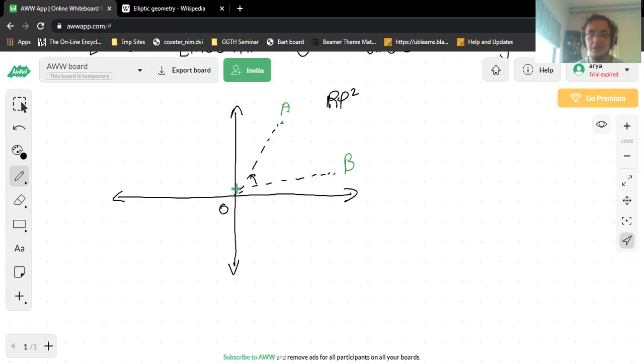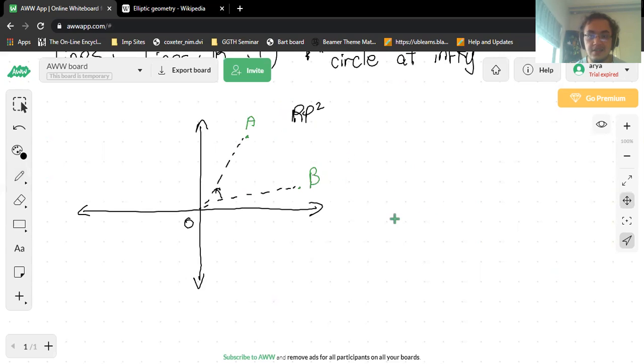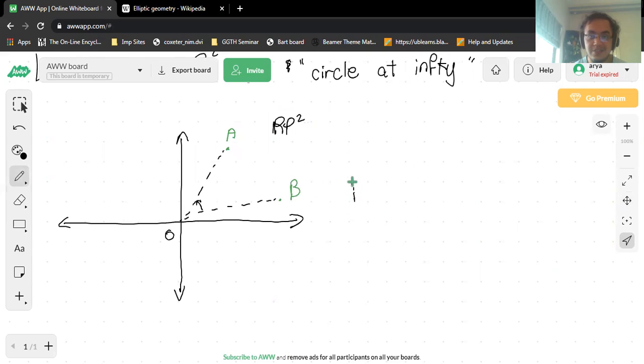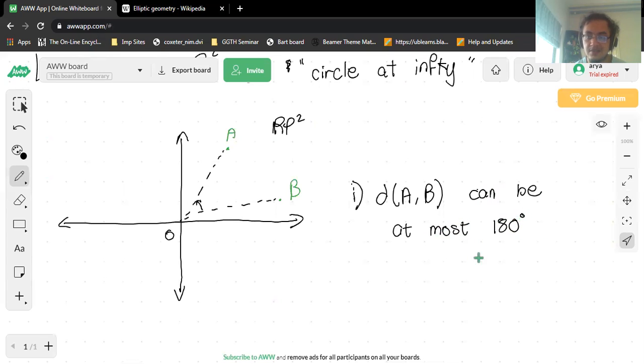Why is this a good notion of distance? Firstly, you would see that the distance between points A and B is finite. It cannot be arbitrarily large. This can be at most 180 degrees, computed in radians, so at most pi radians.